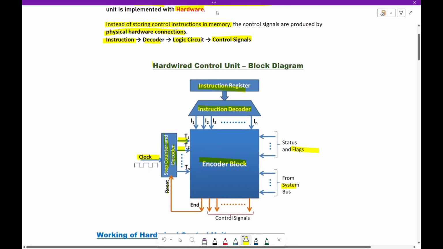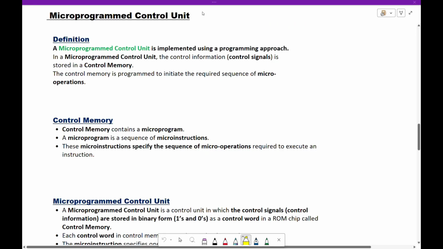Now we move to the next topic. To overcome this disadvantage, another approach was developed called the microprogrammed control unit, which is another type of control unit other than the hardwired control unit. In a microprogrammed control unit, the control signals are generated using microinstructions stored in memory.